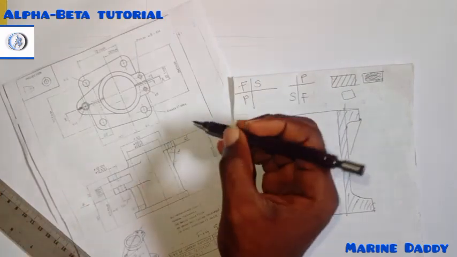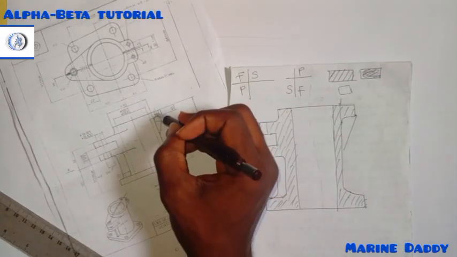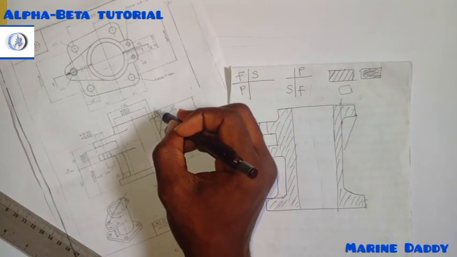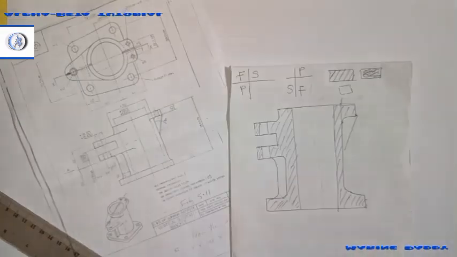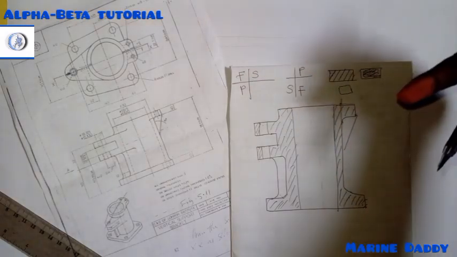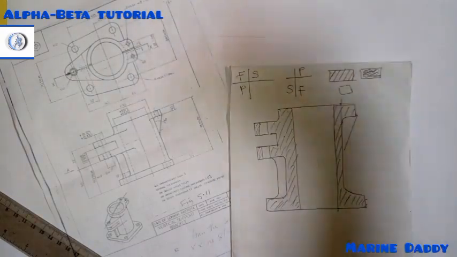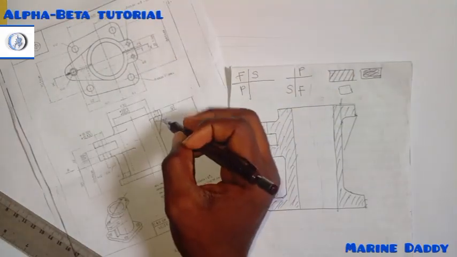Let's go back to the diagram. Now, we have a center from this place. Please, if you don't understand what I'm doing, repeat the parts again of the video. If you still don't understand, message me, I will explain it for you. Please, I want to carry everybody along.